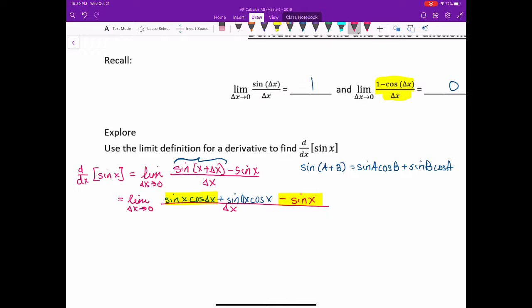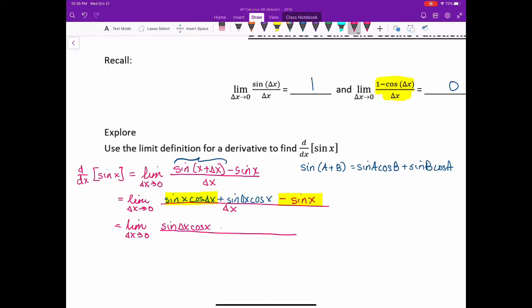So let's see here. We are going to get the limit as delta x approaches 0 of, so now the part that I'm not going to use I'm going to just leave: sine of delta x cosine of x. And then I'm going to group together the sine of x cosine delta x and actually factor out the sine of x.